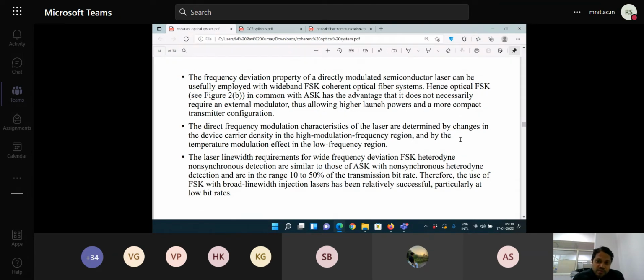So it's possible that you can have errors because of this. And the laser line width requirements for the FSK heterodyne asynchronous detection are similar to those of ASK asynchronous detection, and it can be 10 to 50% of the transmission bit rate.